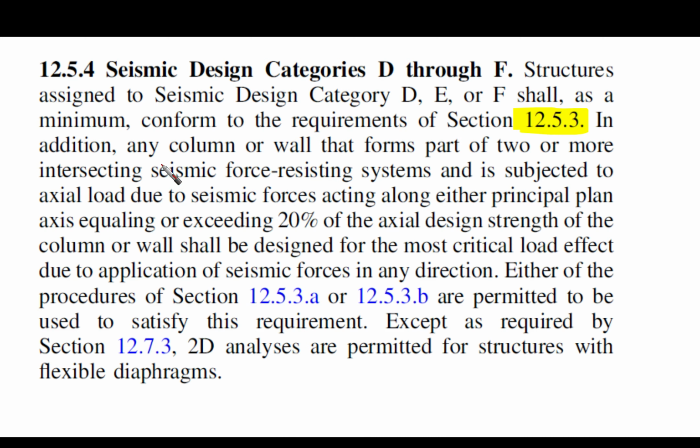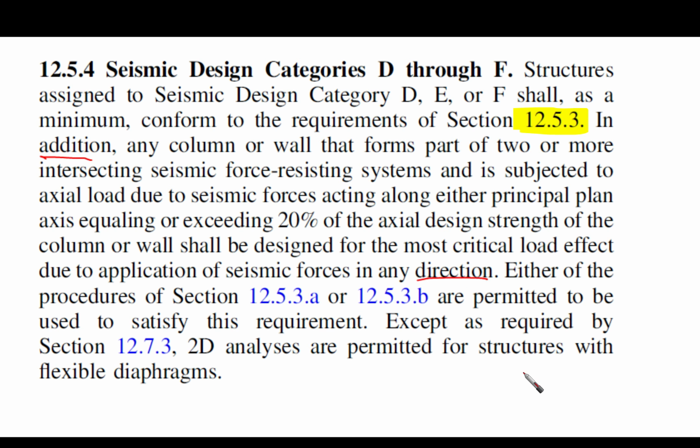In addition, any column or wall that forms part of two or more intersecting seismic force resisting systems and is subjected to axial load due to seismic forces acting along either principal plane axis equaling or exceeding 20% of the axial design strength of the column or wall shall be designed for the most critical load effect due to the application of seismic force in any direction.